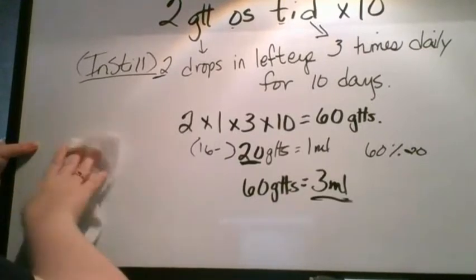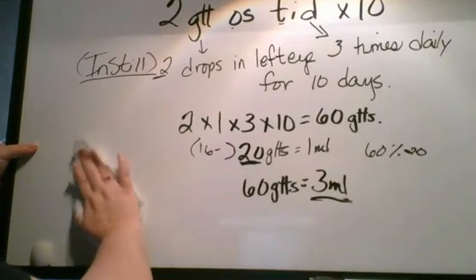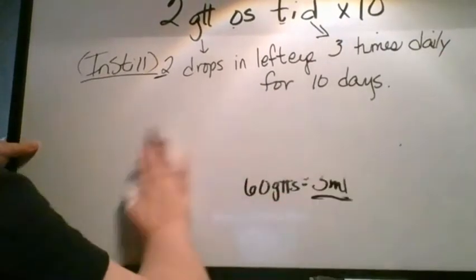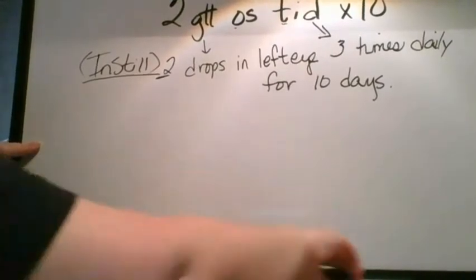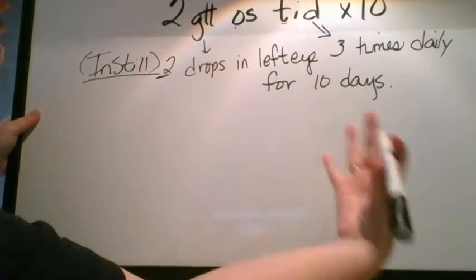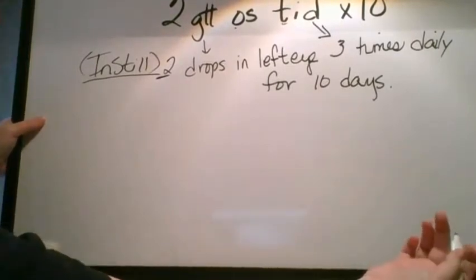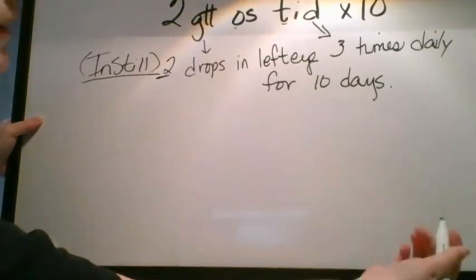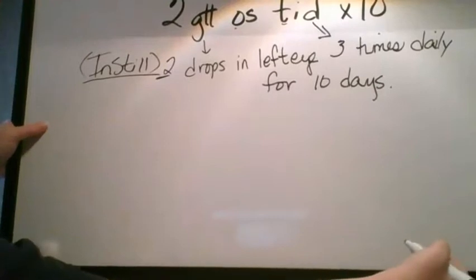So let's say that you got this prescription and it didn't tell you the day supply, which this one doesn't. The doctor wants them to use it for 10 days, but what if it lasts longer than that? So you can figure that out from this as well.